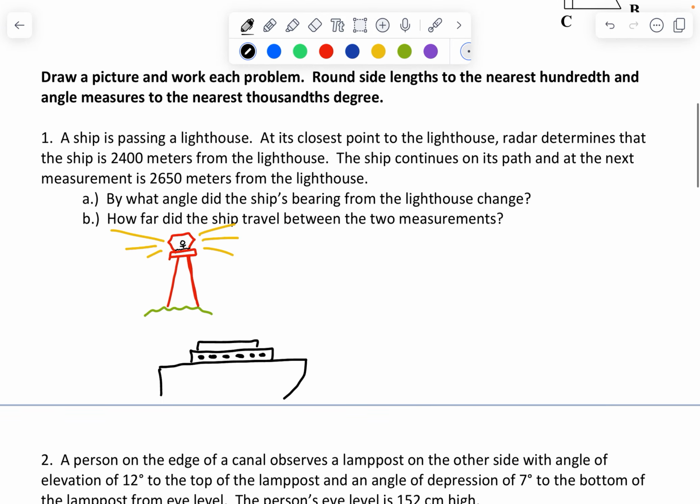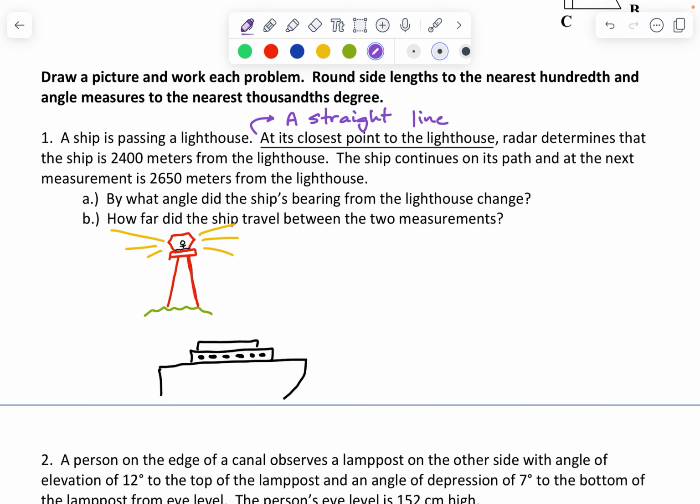So the first thing says that at its closest point to the lighthouse, the shortest distance between any 2 points is a straight line. Okay, that's just a good thing to know for life.